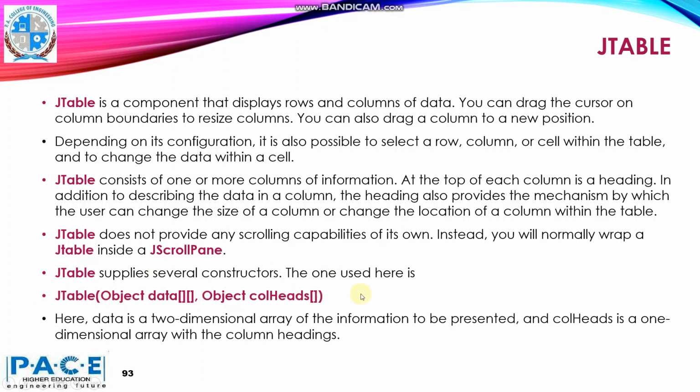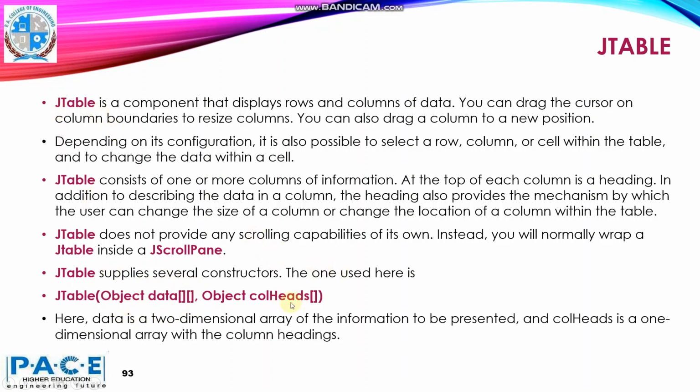JTable supplies several constructors. The one we are going to use in the example takes two parameters. One is a two-dimensional array of objects, which stores the data to be put into the table.